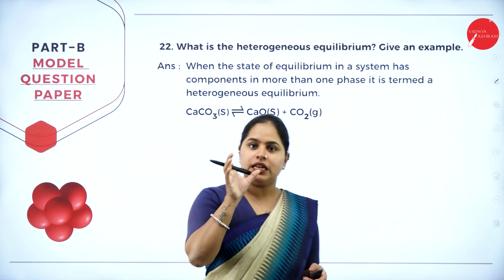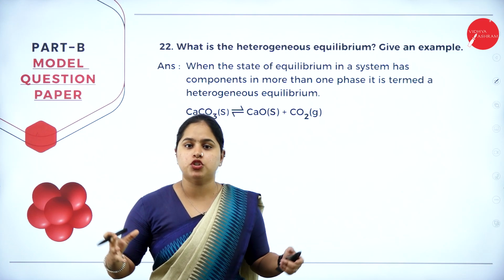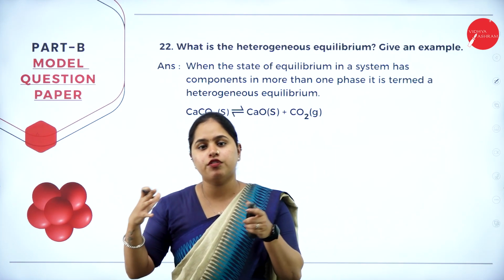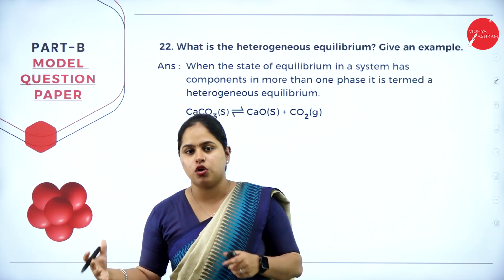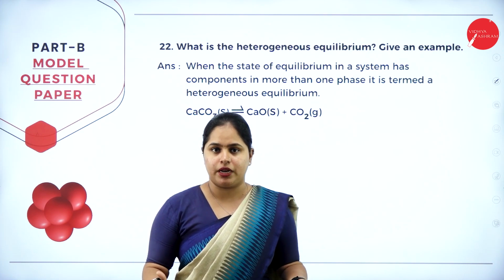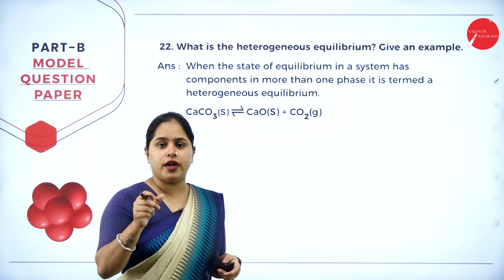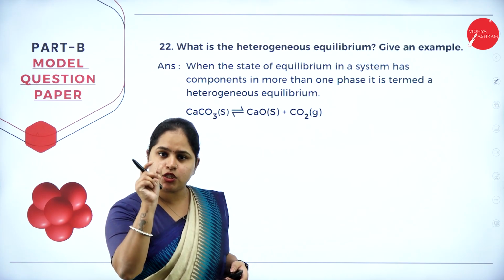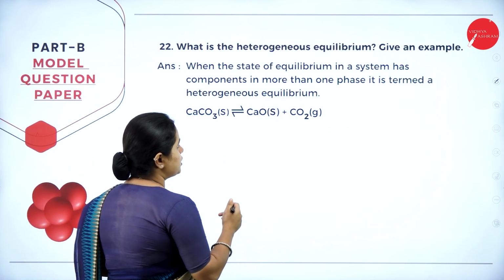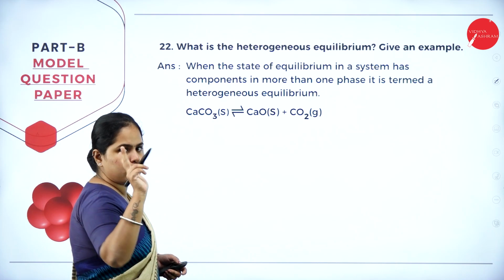In homogeneous equilibrium, all the reactants and products are present in the same phase, whether all gaseous, all solid, or all liquid. Heterogeneous means at least one will be in some other phase. The definition will carry 1 mark and the example 1 mark, so a total of 2 marks.